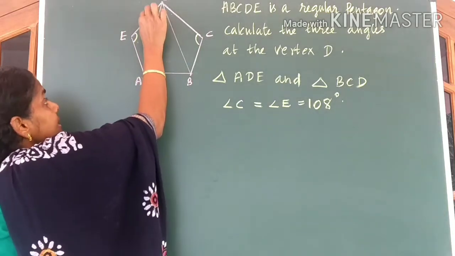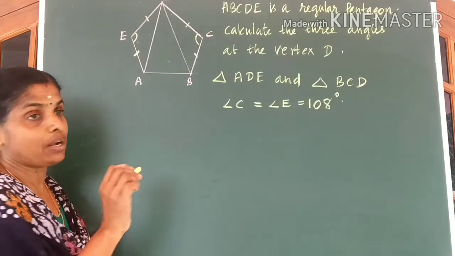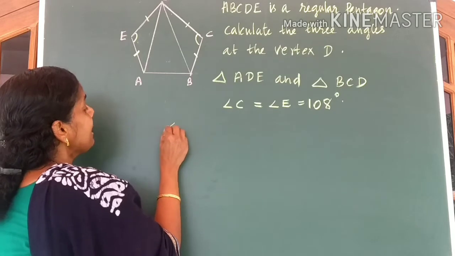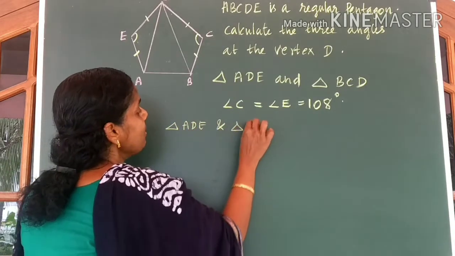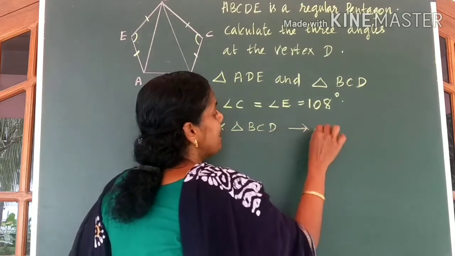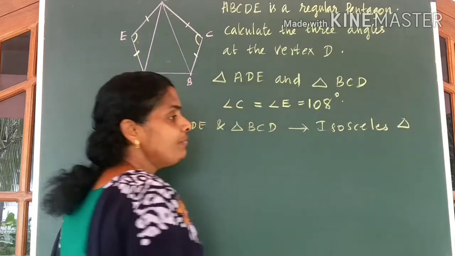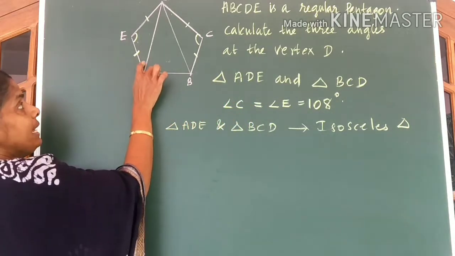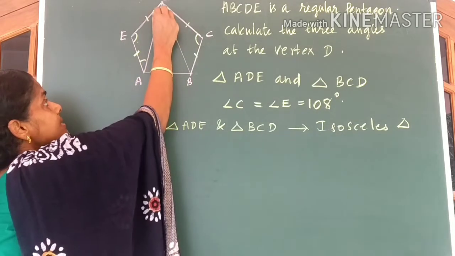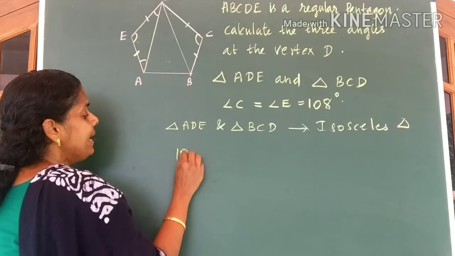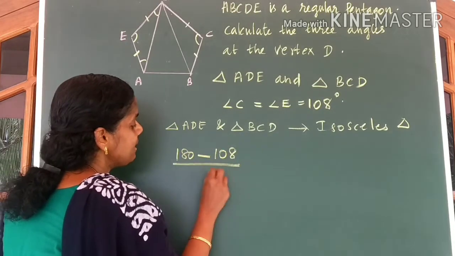Also, these two sides are equal and these two sides are also equal. So you can call triangle ADE and triangle BCD to be isosceles triangles, from which you can calculate the base angles. Now these two angles are 180 minus 108 divided by 2.